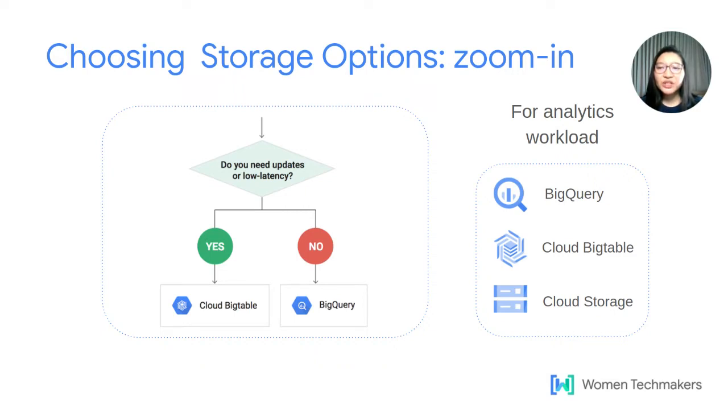But if we have a data warehouse, I would suggest BigQuery, which is a serverless enterprise data warehouse, and it has a SQL interface, which makes it easier to interact with. Another one is Google Cloud Storage. I suggest it for object storage and data lake.